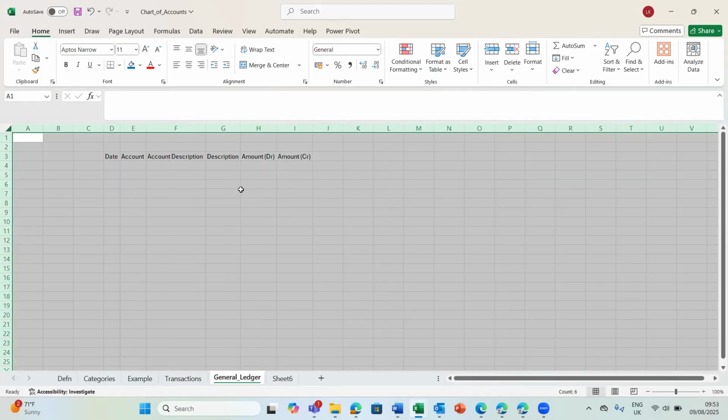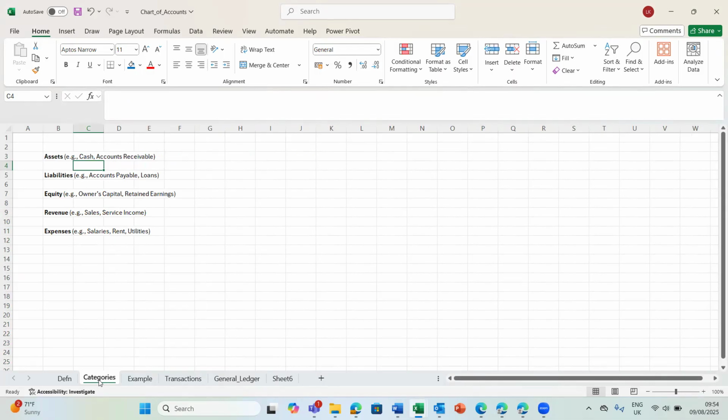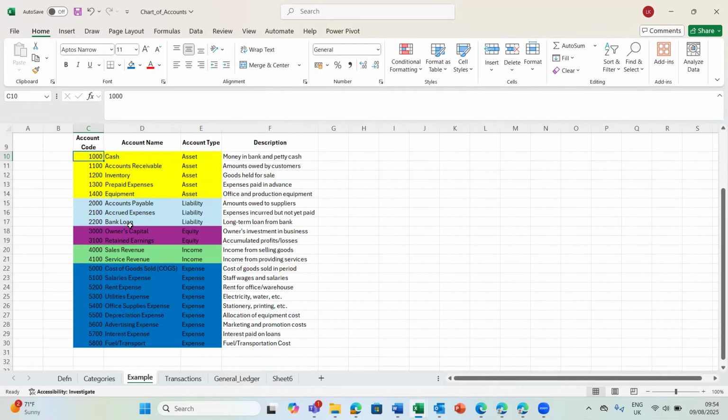So, what do we do now? Okay. So we know for each transaction, there has to be a debit and a corresponding what? Credit. Right. So, for the account and account description, we know that here under examples, when we get the account here, the description should automatically come.